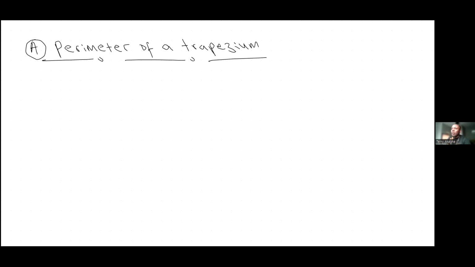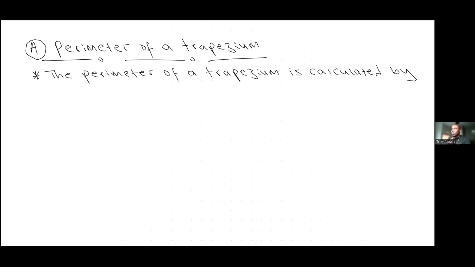The perimeter of a trapezium is calculated by adding all of its sides together.